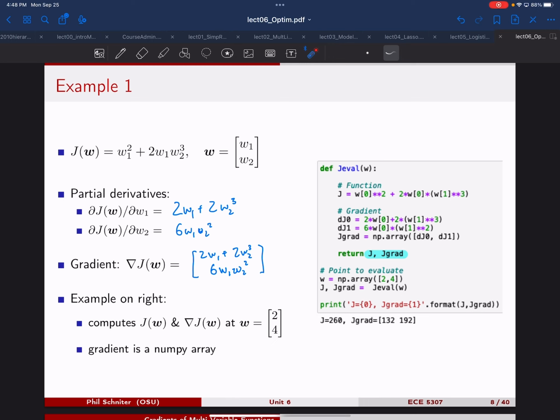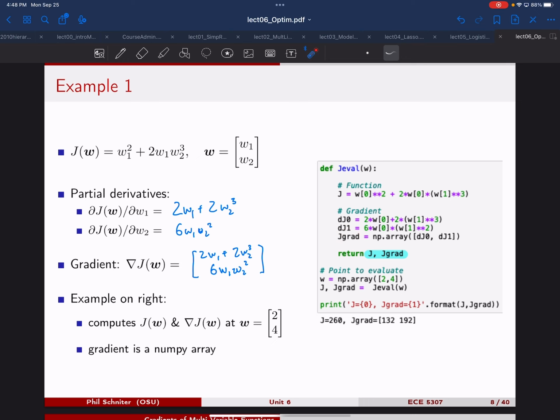So in this little piece of code here, this is just defining a little function in Python. You can see we are computing the cost. We're computing both of these scalars, and then we're packing them into a NumPy ndarray. And that is what we want to return because we want to do all our linear algebra, all our processing in NumPy.